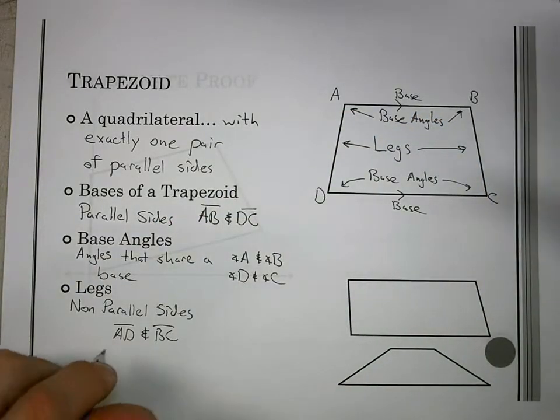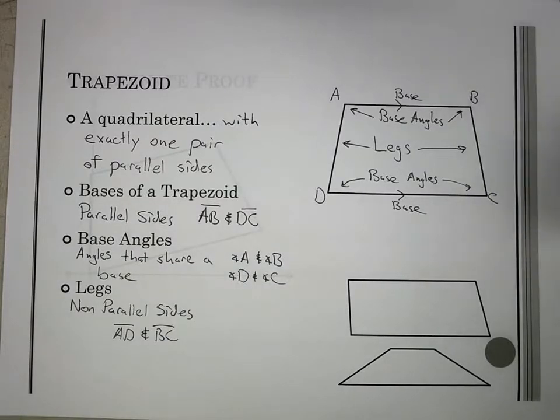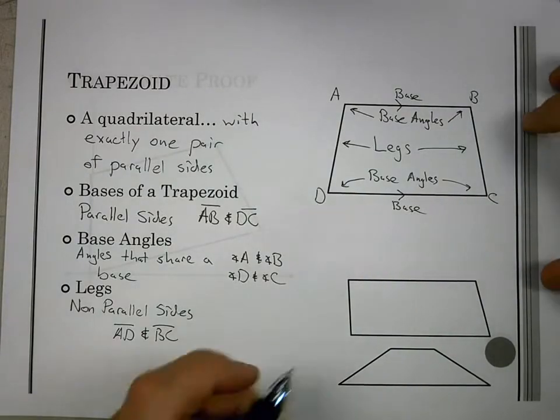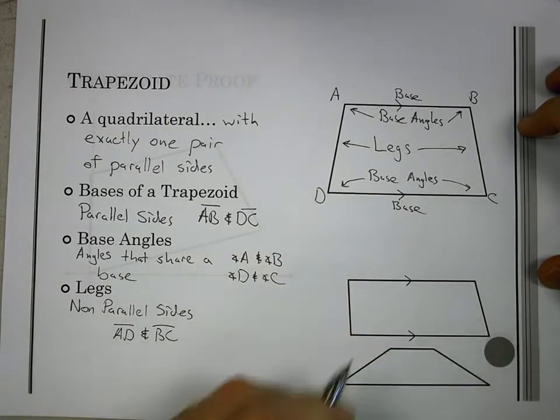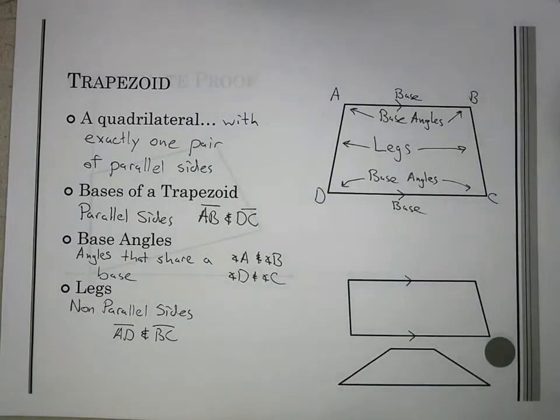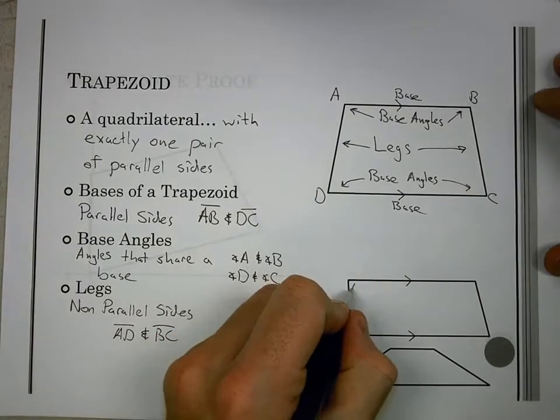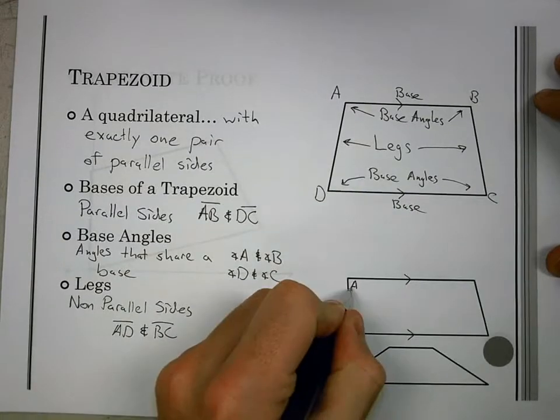So really all we can do so far with the trapezoid is identify that there is exactly one pair of parallel sides, AB and DC, and as long as the other set is not parallel, it's still a trapezoid. If I look at a trapezoid, and this is also a trapezoid, even though it may look more like a rectangle or even a parallelogram, I only have one set of parallel sides. I have angle A, and let's say angle D right here.